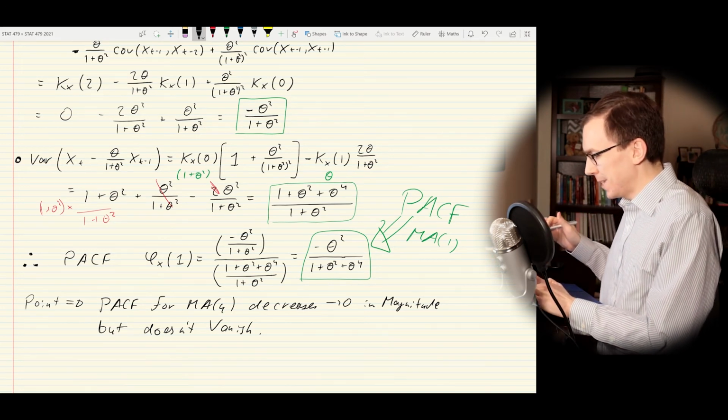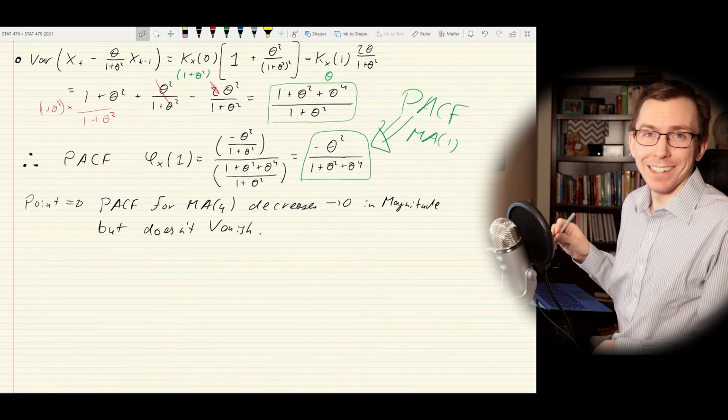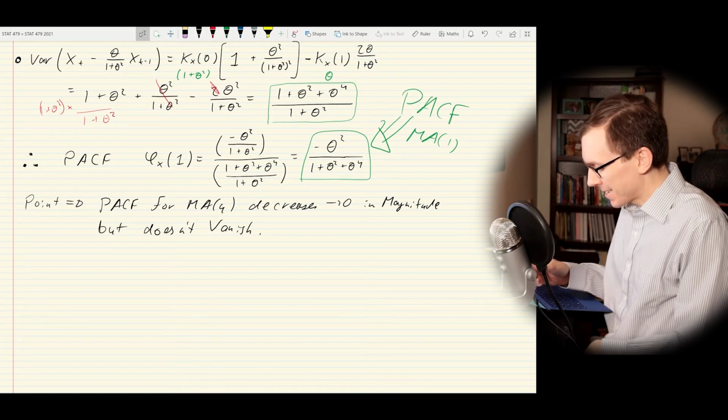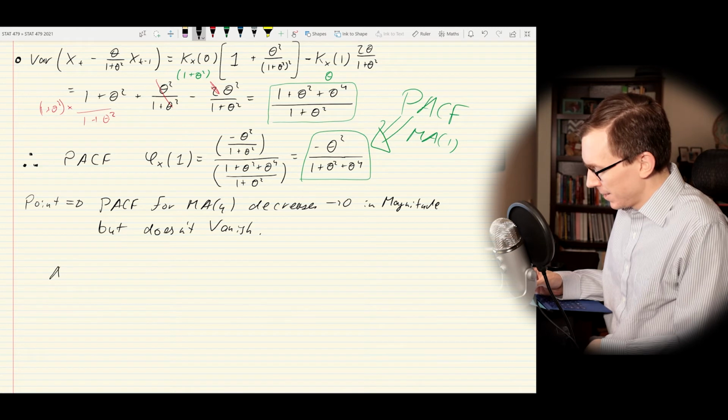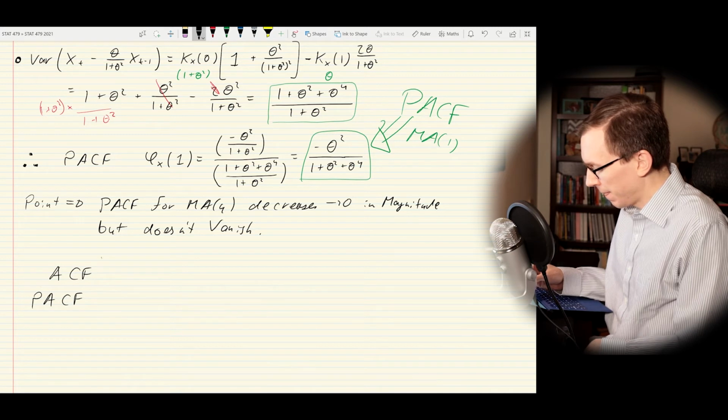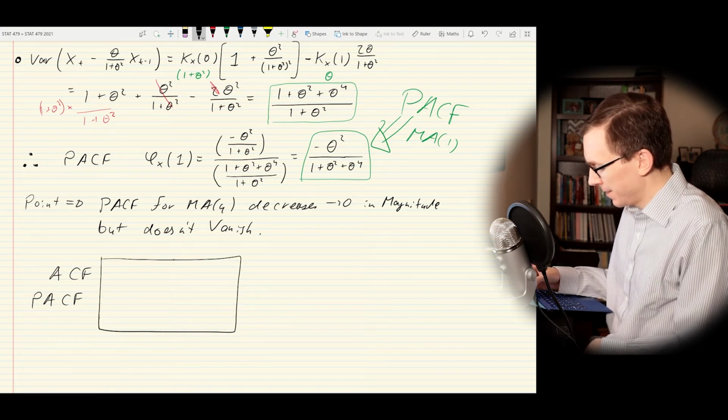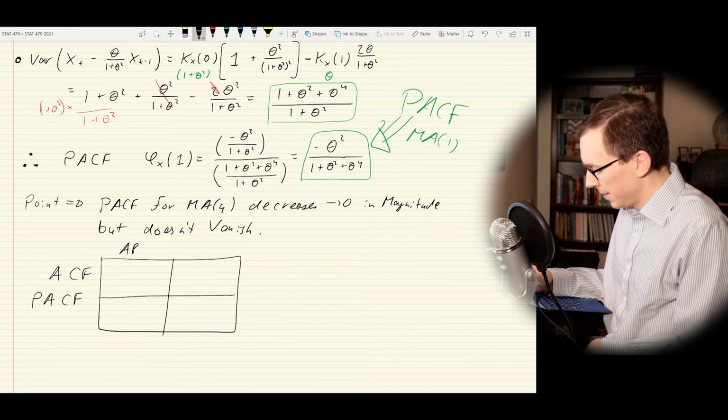So that leads us to a table, which I'm going to write down, and then we're going to actually look at some examples. So in summary, we have ACF, we have PACF, we have ARp, and we have MAq.